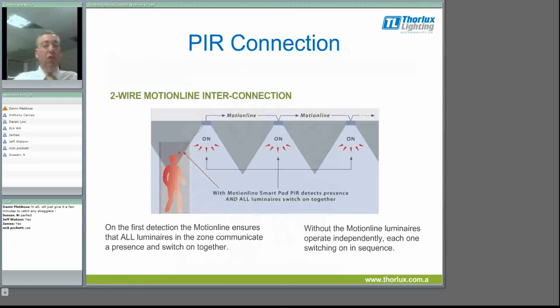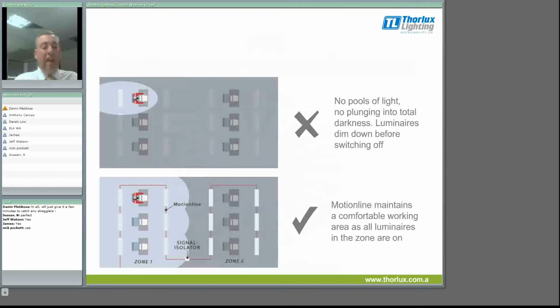The way Thorlux look at PIR detection is we have what we call a two-wire motion line between any luminaires and any PIRs, which allows us to switch groups of luminaires rather than individual luminaires.